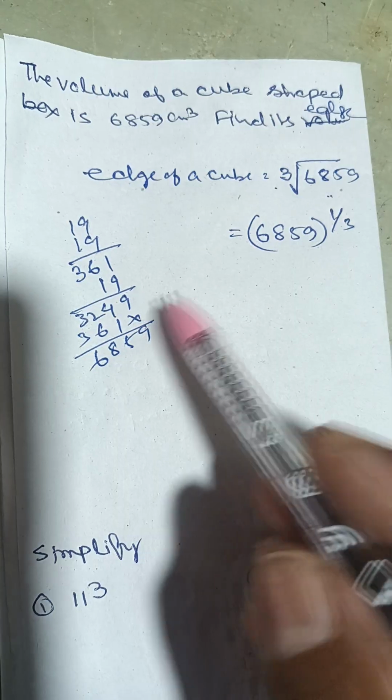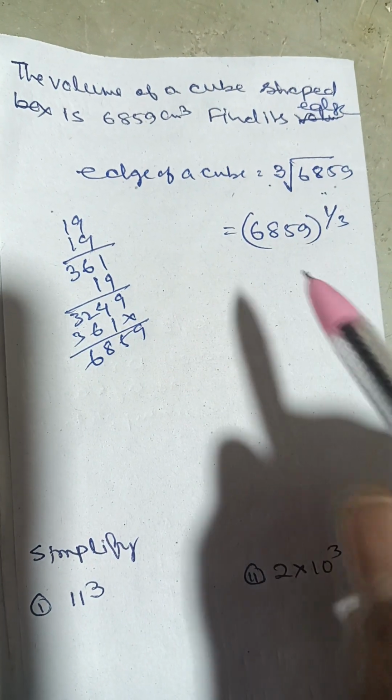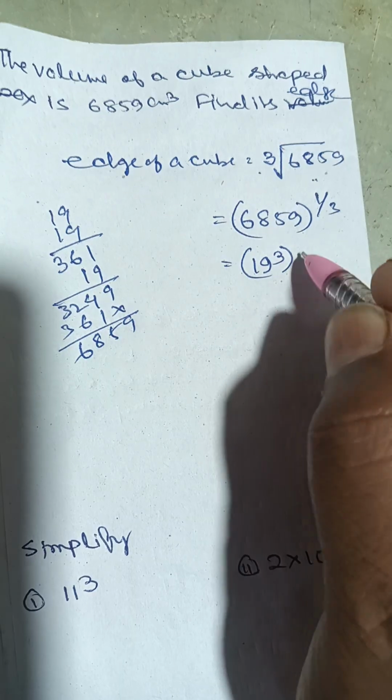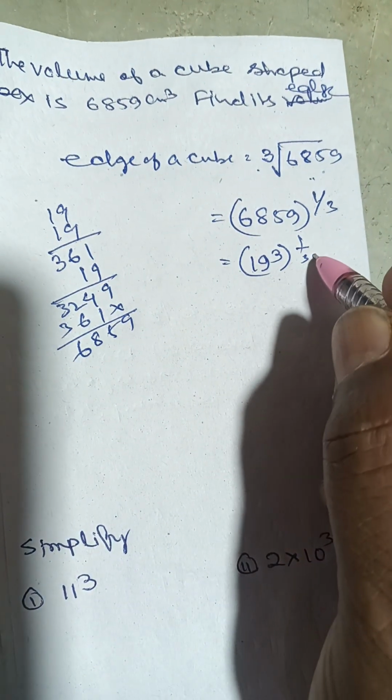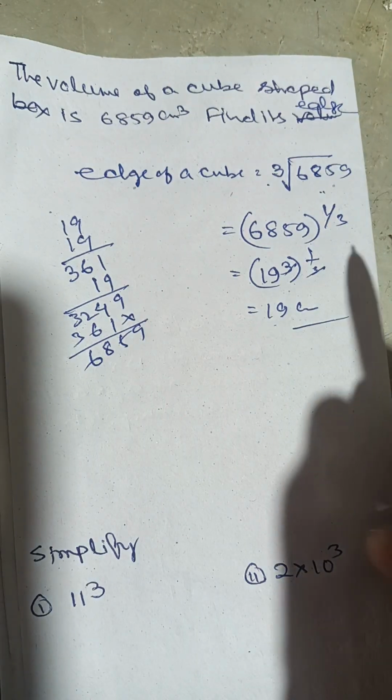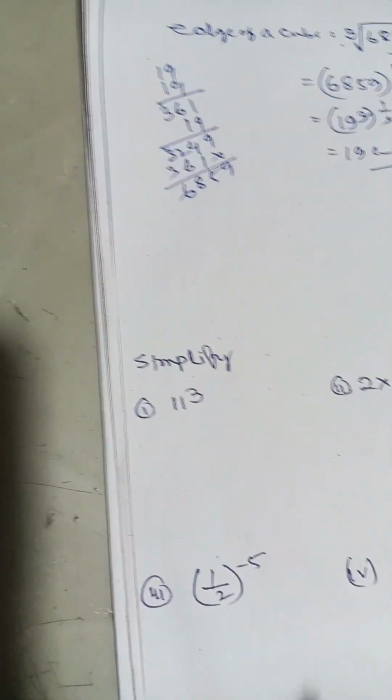You see, 19, if you multiply 3 times, it becomes 6859. So you write 19 cube whole to the power 1 by 3. So power cancel, answer will be 19 centimeter. So this is the answer.